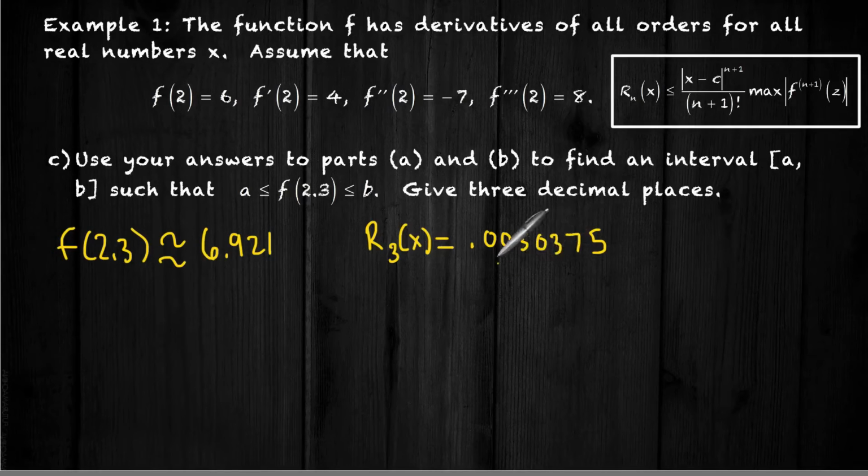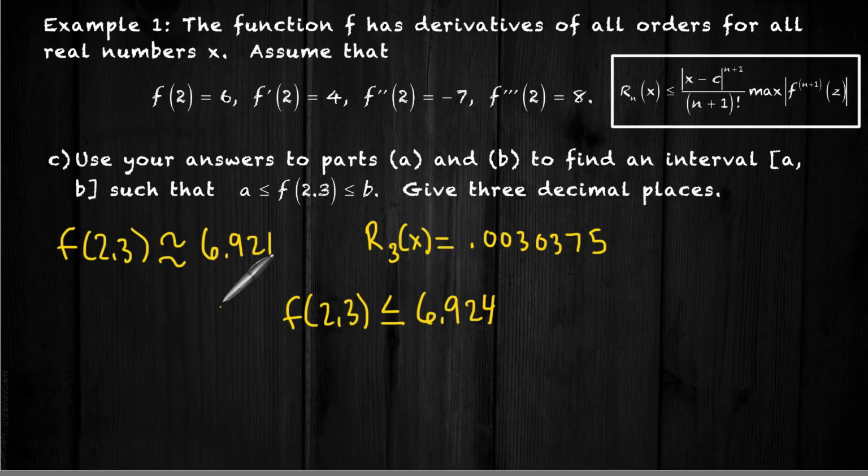is going to be 0.0030375. Now, we take that error and we add it to this and subtract it from that, and it guarantees that the real value of f of 2.3 must be 6.921 plus this error, which gives us 6.924, and 6.921 minus that error, which gives us 6.918.